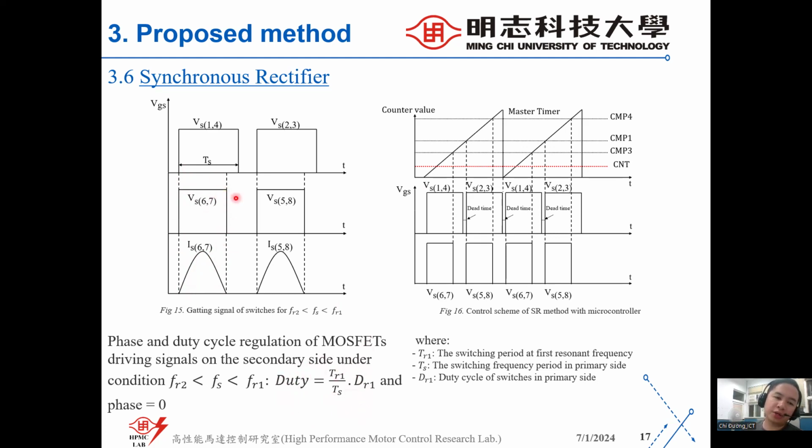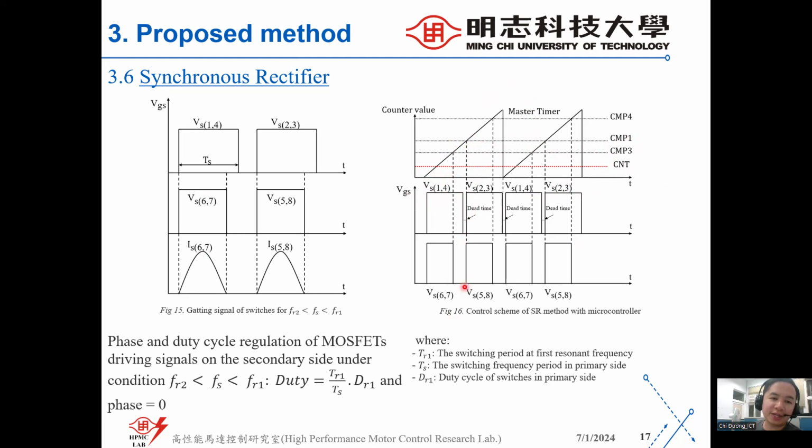About the turn off, we follow the duty cycle and the equation, and we determine the turn off of S7. In figure 16, the control scheme with the synchronous rectification method: the microcontroller controls the 8 switches with the master timer. VS1 and VS4 turn on when the counter starts counting, and stop when the counter reaches the value equal to compare 1 register, and we turn off VS1 and VS4.